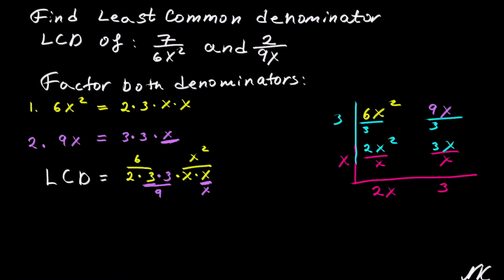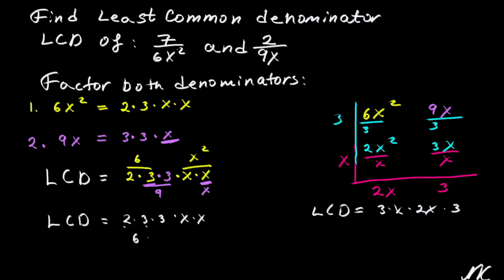So from the factoring method we had least common denominator 2 times 3 times 3 times x times x. From the box method of division we have least common denominator of 3 times x times 2x times 3. So here we get 2 times 3 is 6 times 3 times x is x to the second, and our LCD is 6 times 3 is 18, x to the second.